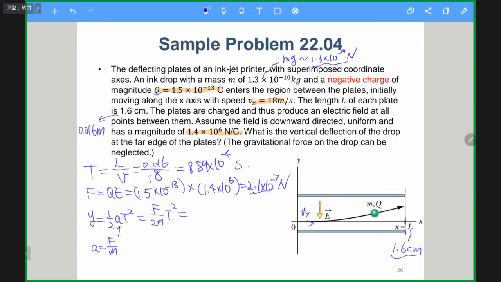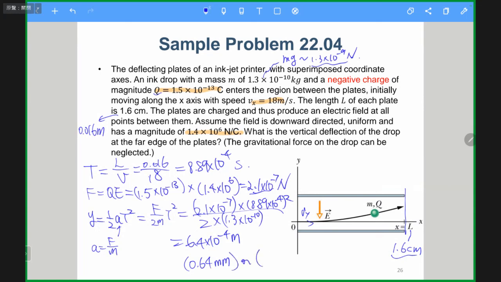F is 2.1 times 10 to negative 7, and then times t squared, which is 8.89 times 10 to negative 4 quantity squared, over 2 times m. m is 1.3 times 10 to negative 10 power. So finally, this is 6.4 times 10 to negative 4 meter, or you can write it as 0.64 millimeter, or 640 micrometer. And these are the answers.